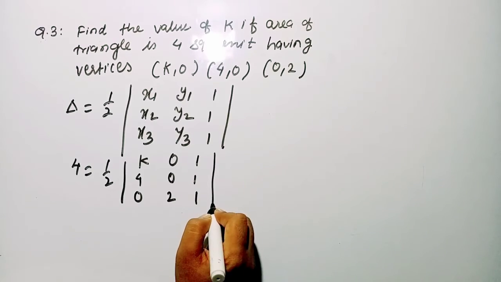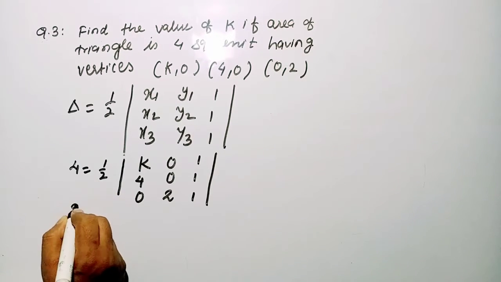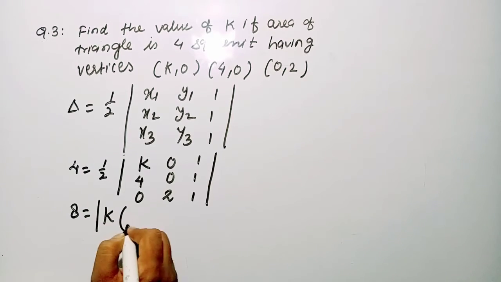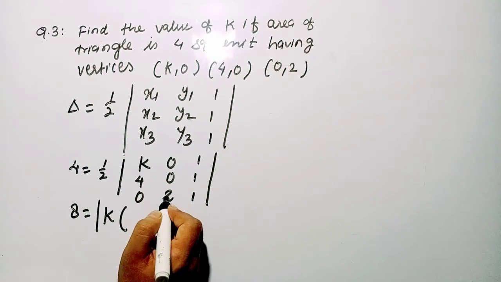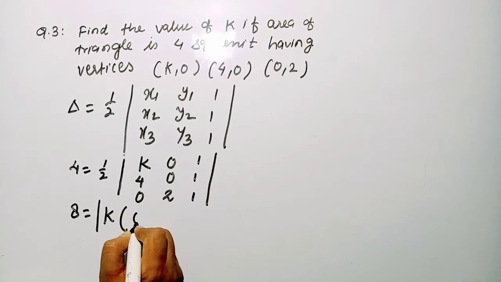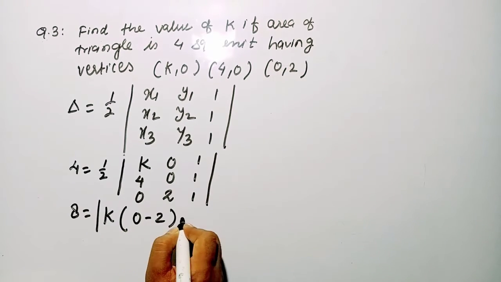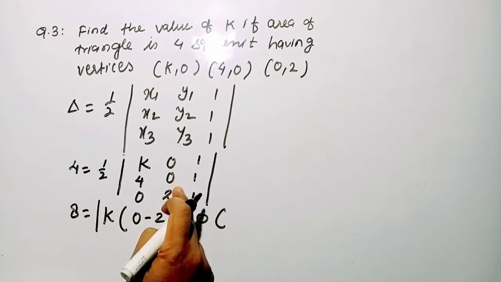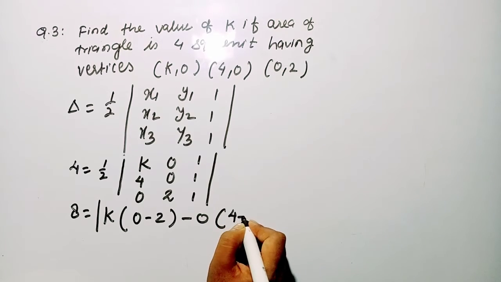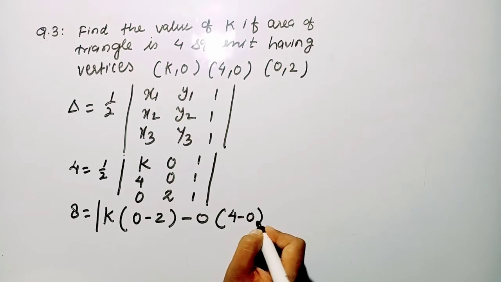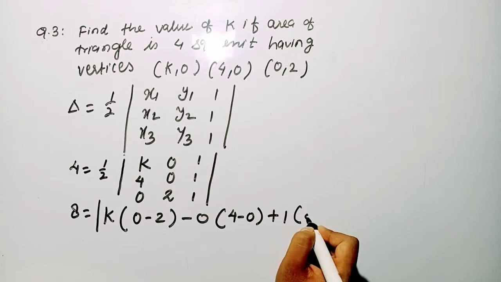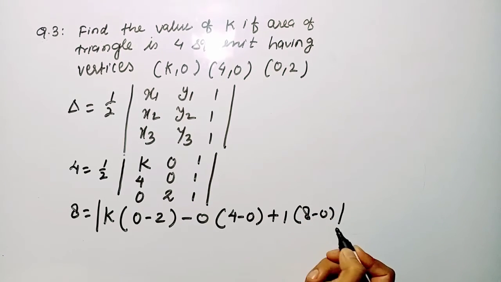Okay students, now expanding with k, there will be a modulus because the area of a triangle is always positive. So we are getting 0 into 1 minus 2 into 1, so 0 minus 2. Expanding with 0 we will get 4 into 1 minus 0 into 1, so 4 minus 0, plus expanding with 1 we are getting 4 into 2, 8 minus 0.